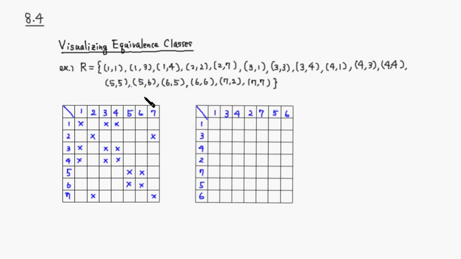You can see that 1 is related to 1, 1 is related to 3, 1 is related to 4.